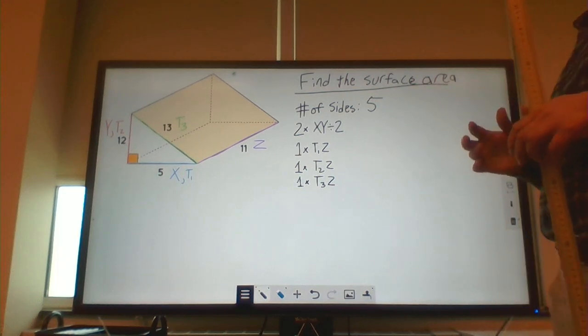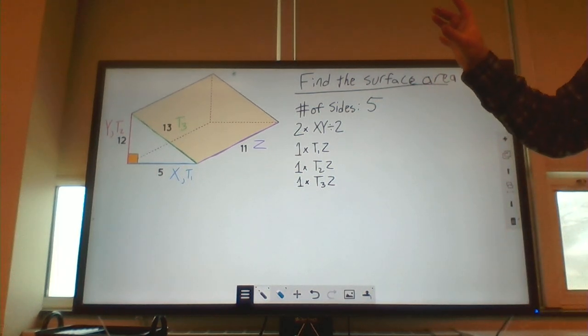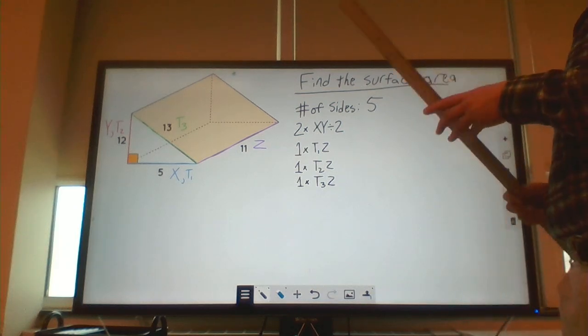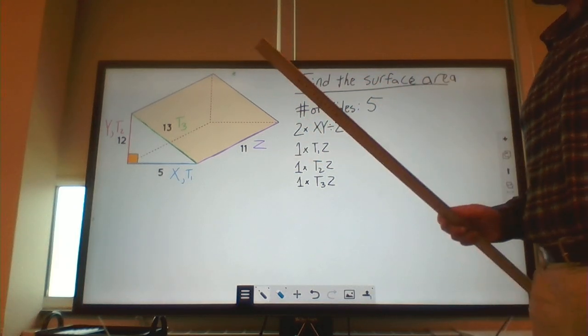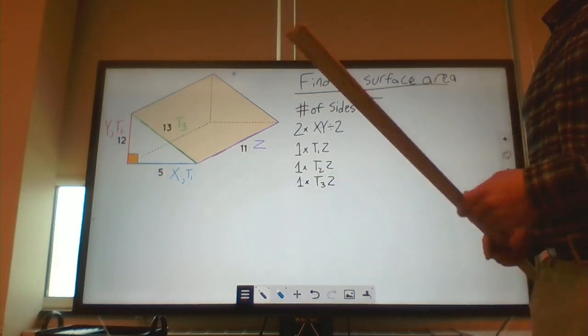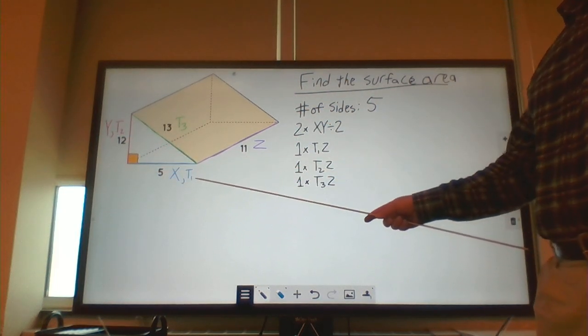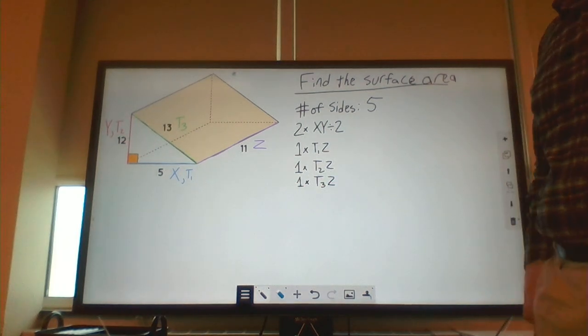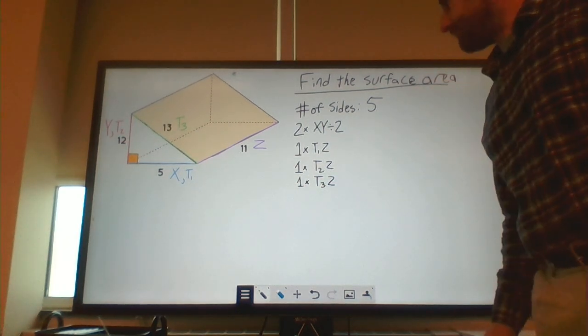And we also need the 3 sides of the triangle and the z dimension in order to get the rectangular areas. Now, because this is a right triangle, our x dimension is one of our side lengths, and our y dimension is also one of our side lengths. So they kind of do double duty.